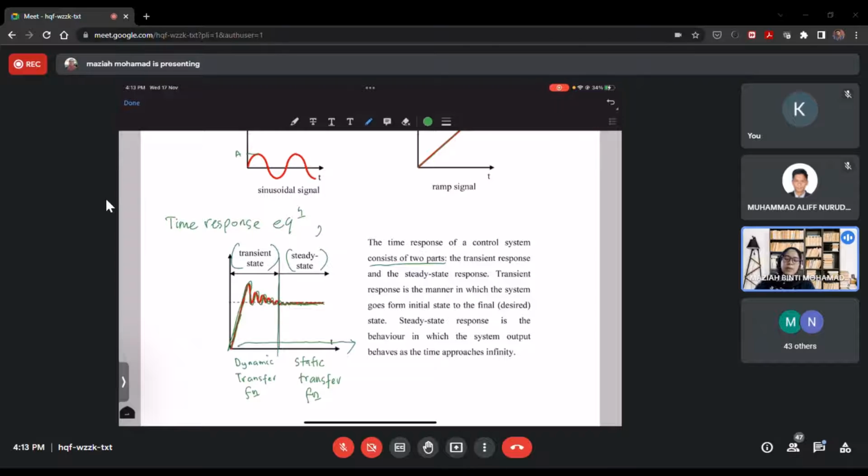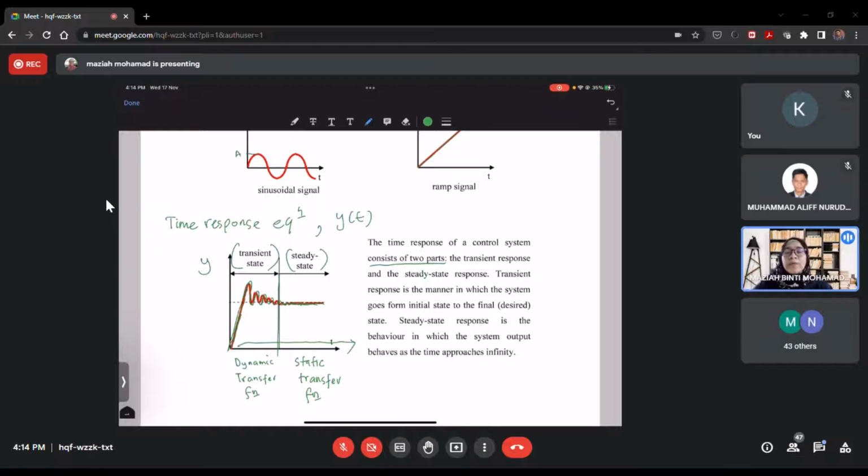It is given by y(t), where y is the output. So the time response equation is a function in terms of time. That is the objective of this chapter: we're going to derive the time response equation.